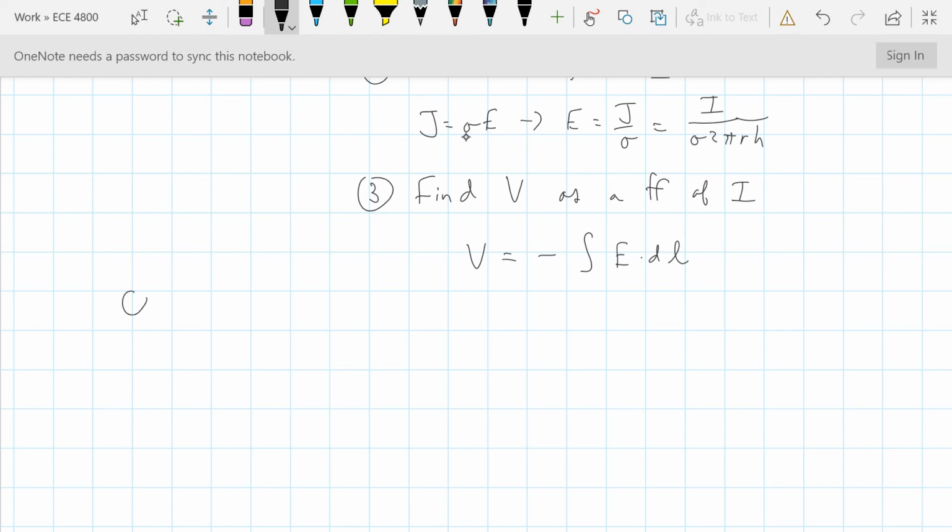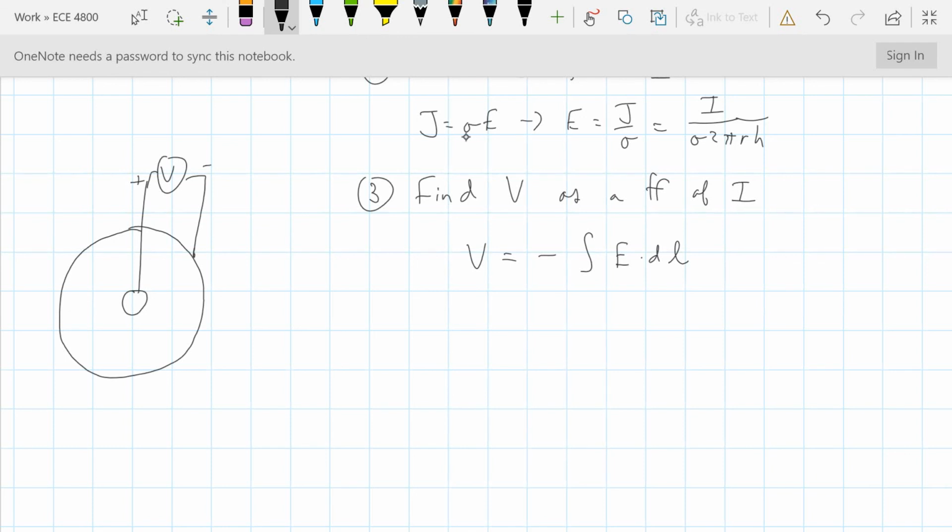So what we have to do is integrate. I'm going to redraw this here. This is the inner conductor, and this is the outer conductor. The high potential is connected to the inner conductor, and ground is connected to the outer conductor.